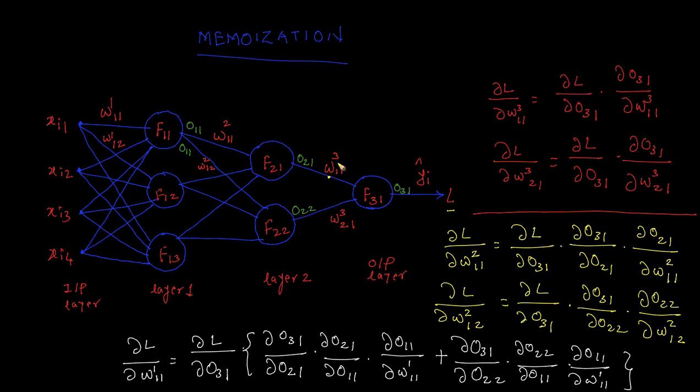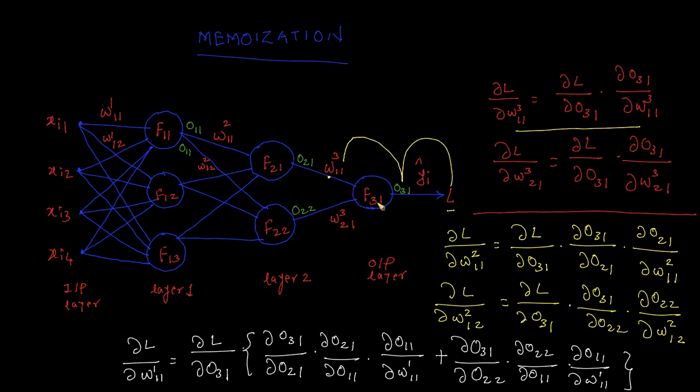Why? Because the formula for new W is equal to old W minus eta times the derivative of loss with respect to that weight. So in order to compute the derivative of loss with respect to this, we use the chain rule: derivative of loss with respect to O31 and derivative of O31 with respect to this. So that is the chain rule I wrote here.